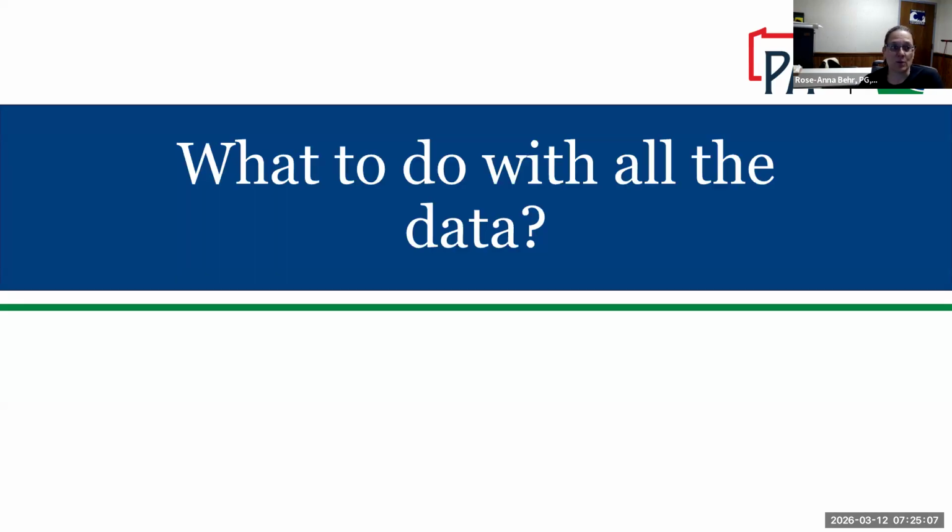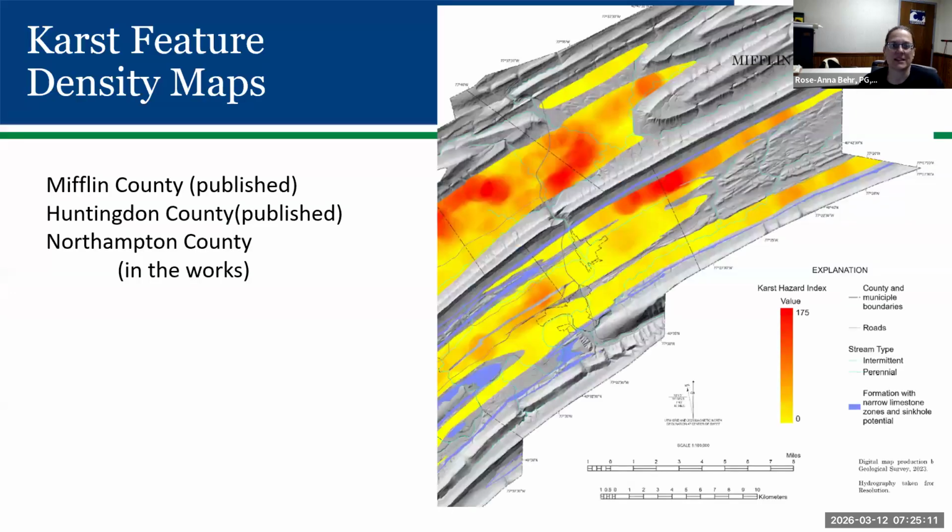Well, what do we do with all that data? West Virginia used data like that to train machine learning to identify all the sinkholes in the entire state. And you can download that data set from West Virginia and not do any of the stuff I just told you all about.